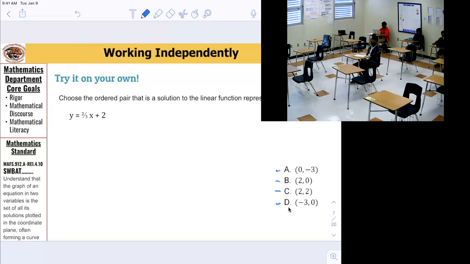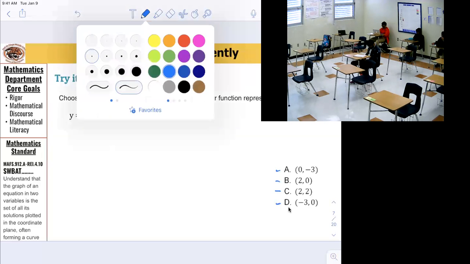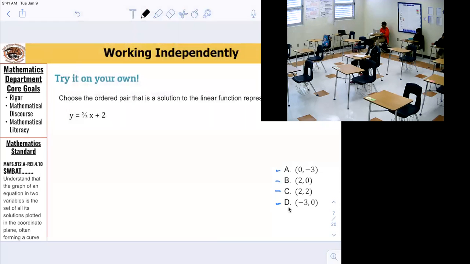Would you guys like me to try this one with you first, or do you think you guys can handle it with the fraction? You could do this one with us. You want me to do it? Okay, I'll plug in example A, just example A, and then the rest you guys try it on your own. So for A, what am I plugging in for y?